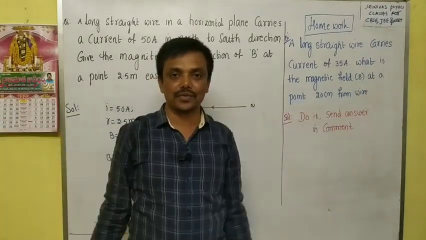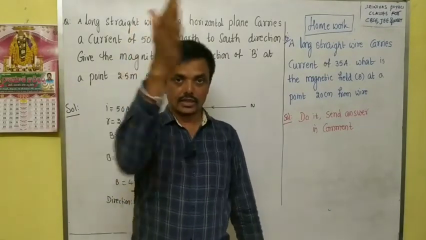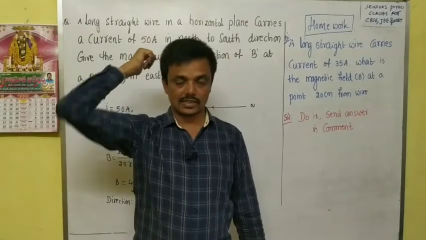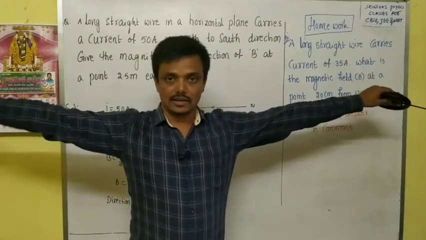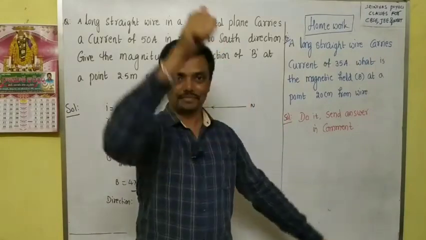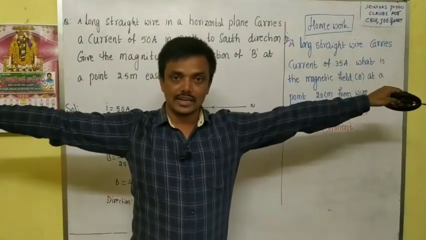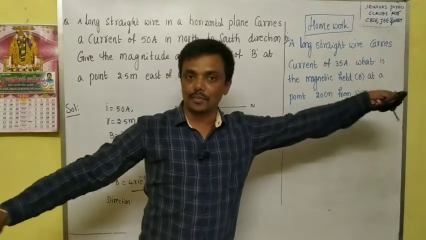Then the current flows from where to where? East, west, north, south: east, back west, right side south, left side north. Then the current flows from north to south.